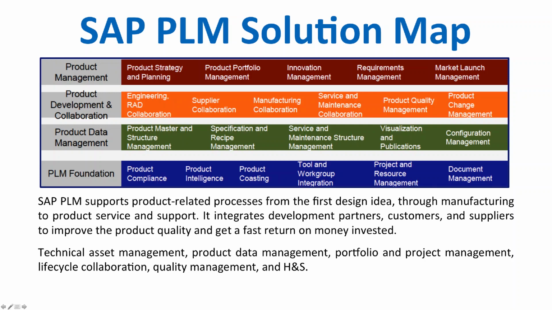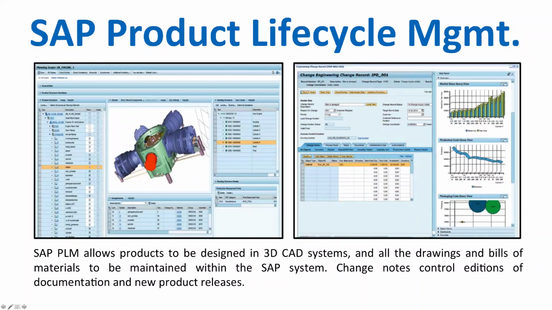Product lifecycle management handles things like drawings. So for example, here's some software in use. There's the drawing. It's a 3D CAD drawing. It's got all the bills of materials built in. It's got all the change records when things have been issued and changed built into one bit of software.